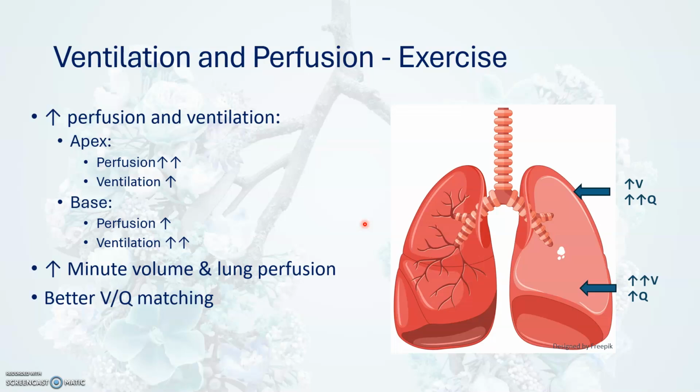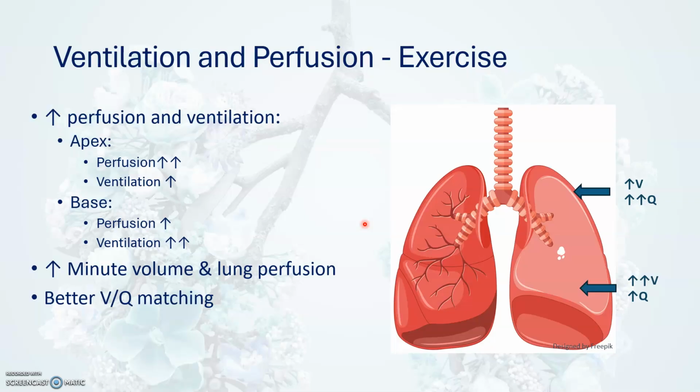So there's a greater increase in ventilatory capacity at the base of the lung during exercise, whereas there's a lesser increase in perfusion, although there is an increase at the base. And remember, in the resting state, perfusion is greater than ventilation at the base of the lung.